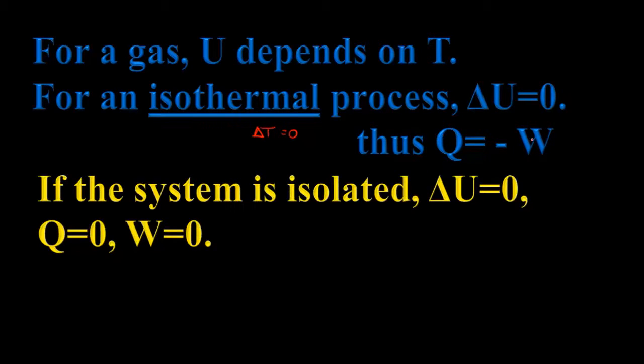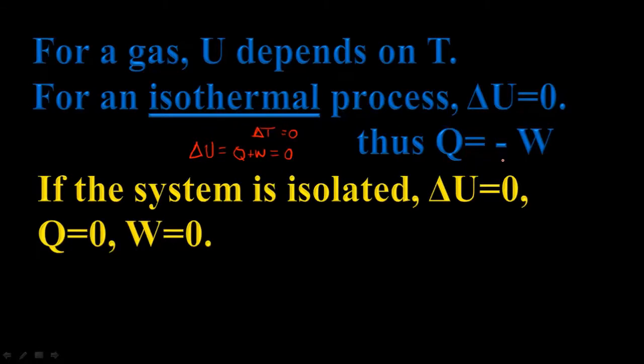Thus, and I'll remind you of the formula we had on the other page, since the change in internal energy is equal to Q plus W, if this is equal to 0, then the heat added to the gas is equal to the opposite of the work done on the gas, or in other words, it's equal to the work done by the gas.